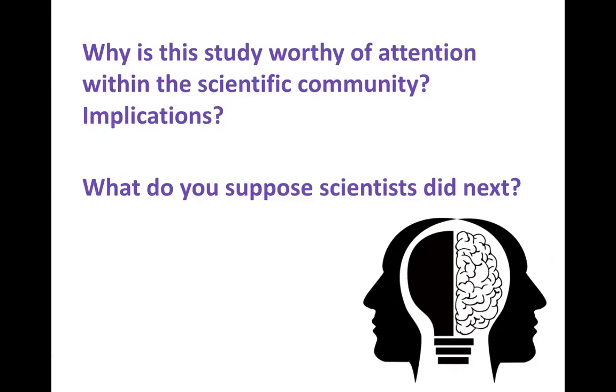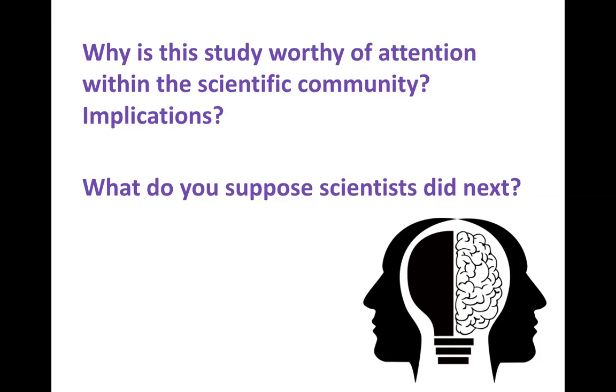Okay, let's go back to Griffith's experiment. If you think about the series of major science developments from Gregor, Boveri-Sutton, Morgan, and now Griffith's work, why is this study that he had just completed worthy of attention within the scientific community? If someone can figure this out, what kind of implications can it have?